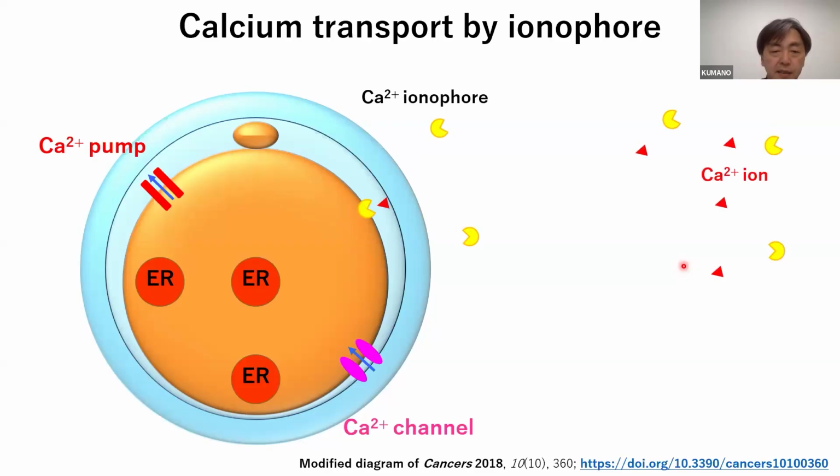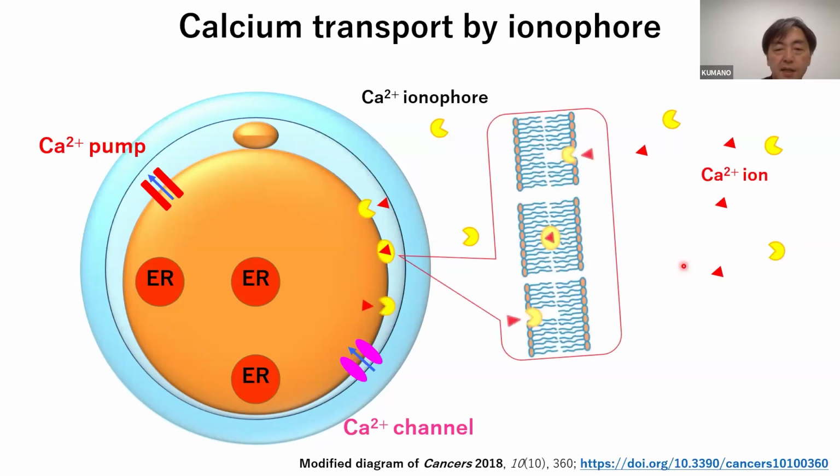So the calcium ionophore molecule comes into the plasma membrane of the oocyte, binds the calcium ion, and then transports it from outside to the inside of the ooplasm, like this.